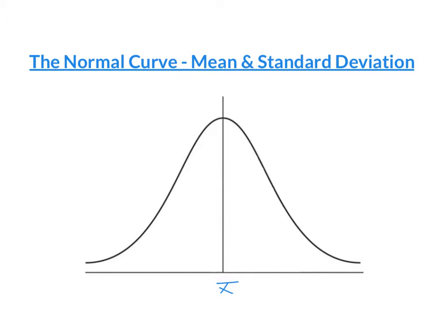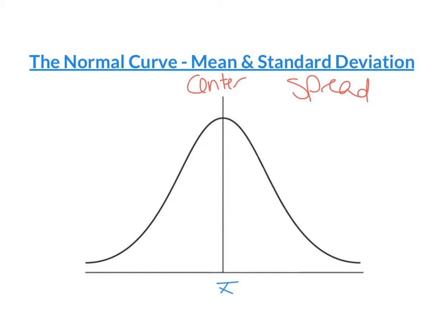Okay, so what we want to understand is that the mean is the center and the standard deviation is your spread of the data. So spread meaning that we want to see how far someone is from the middle. So that being said, we usually do 3 standard deviations above the middle and 3 standard deviations below the middle.